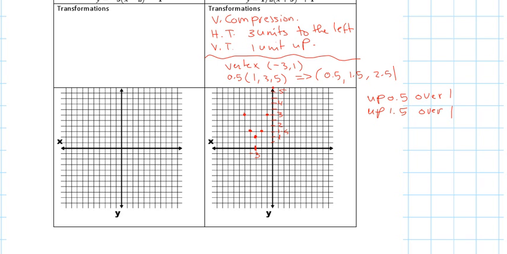So I'm going to go up 2.5 over 1, so I'm going to end up right here. Okay? These are the trickier ones, so you have to be careful with that. So take your y value and add whatever you're going up by to it.